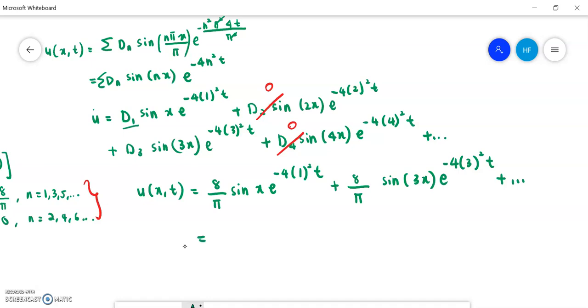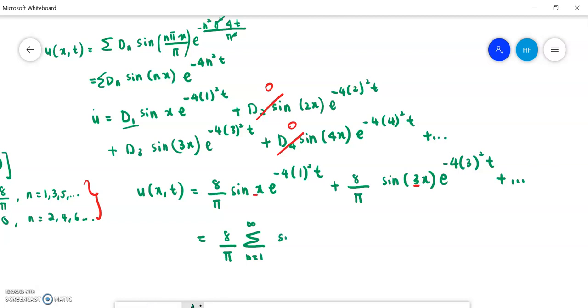And this we can simplify. This 8 over pi is a constant that we can factorize. So this will be 8 over pi, and the next is the summation from 1 up to infinity, where the series has only the odd terms.